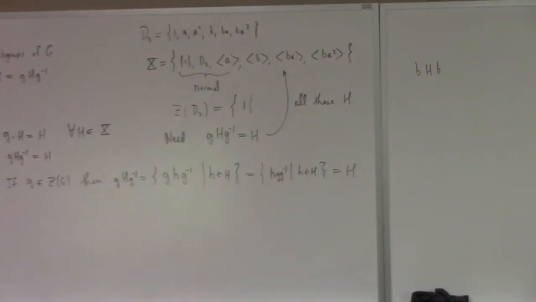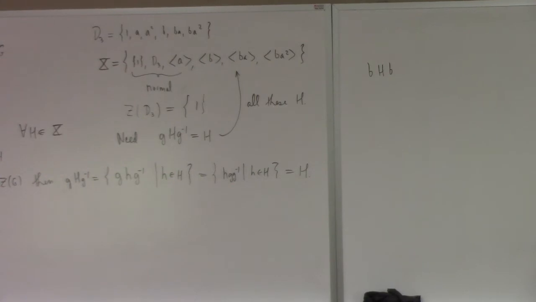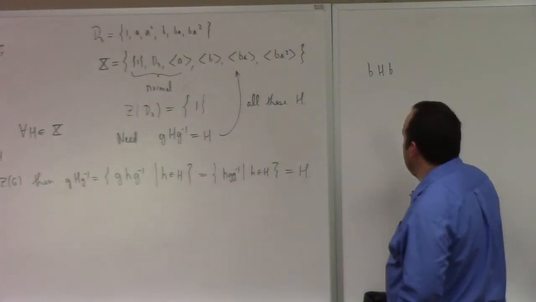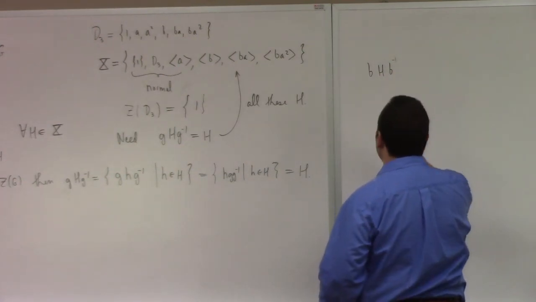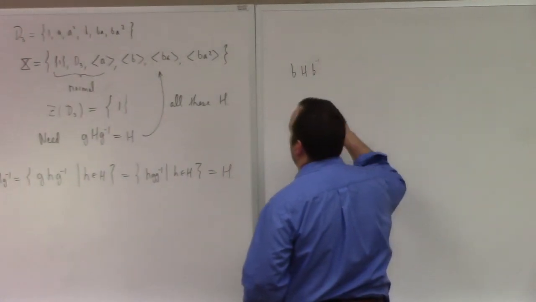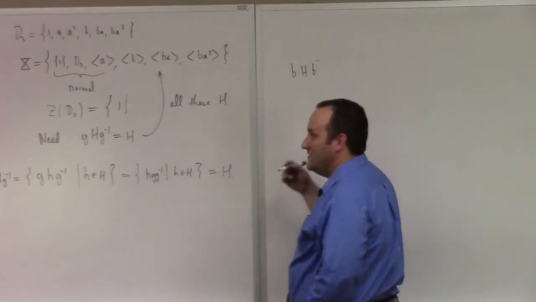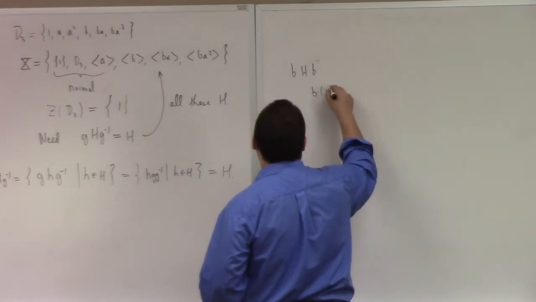All right. I want to say B might be in there. I mean, B inverse is B again, right? Let's see here. So just think about elements, all right? So what happens with B 1 B?